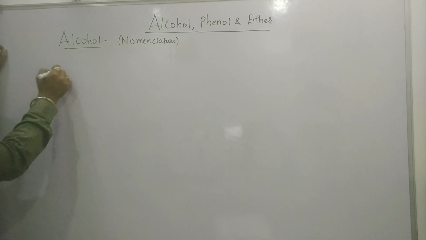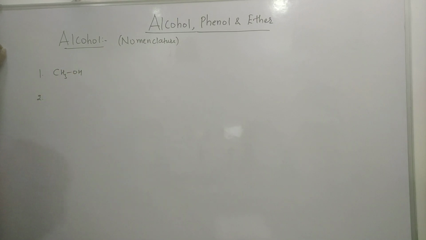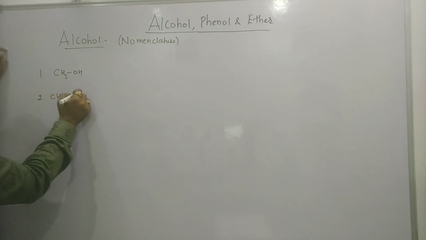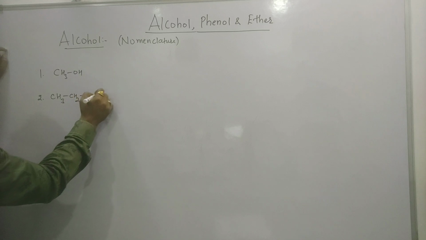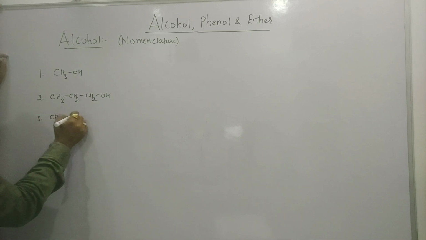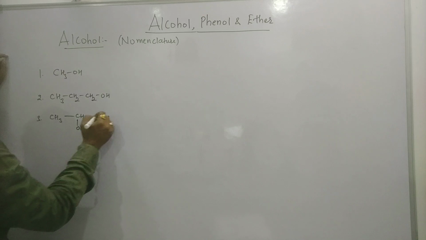For example, I'll start with this one, CH3OH. Then one more compound I'll write here: CH3, then CH2, then CH2, and then OH. One more compound we'll write here: CH3, then CH, then OH, then bonded with CH3.